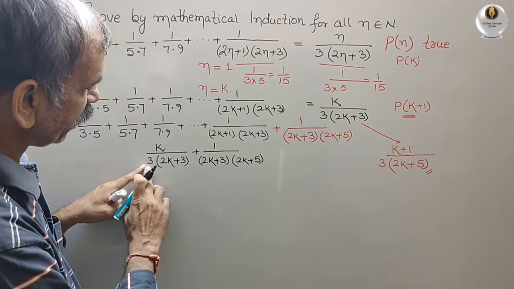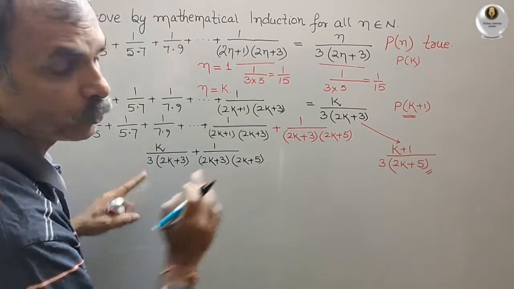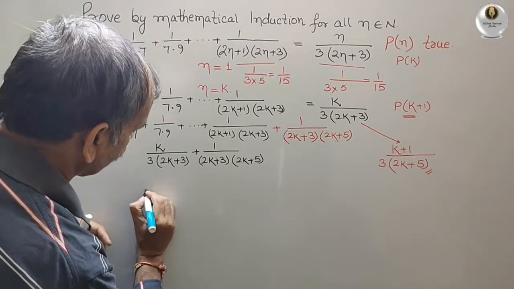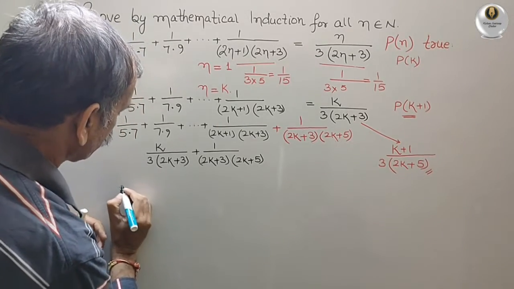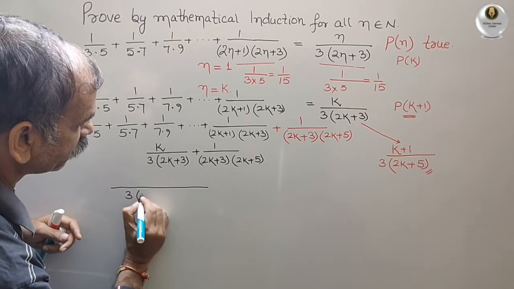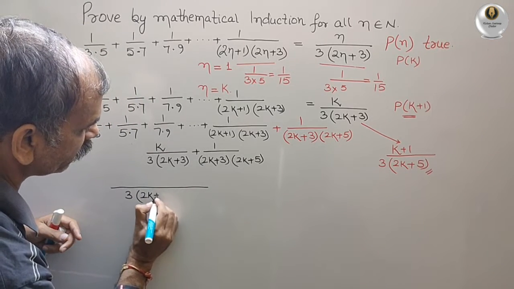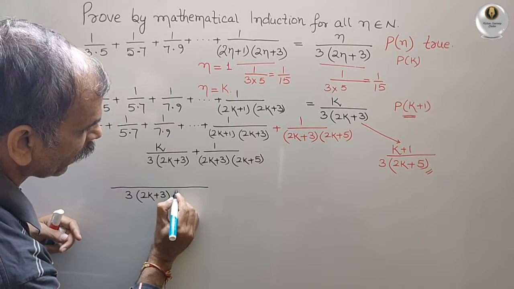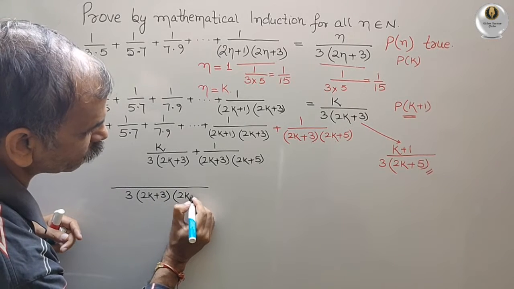Therefore the LCM is 3 into (2k plus 3) into (2k plus 5).